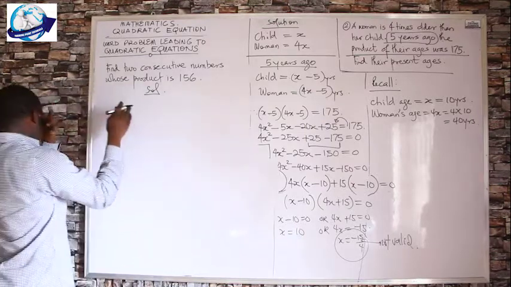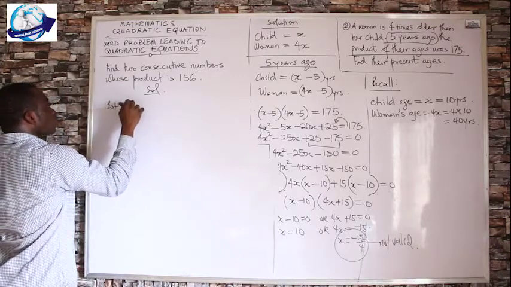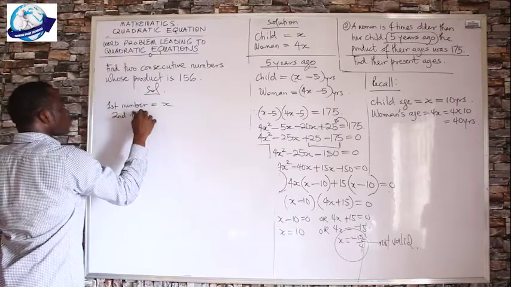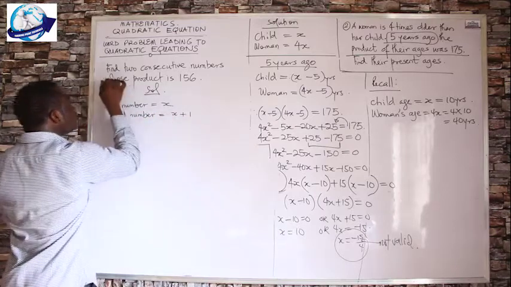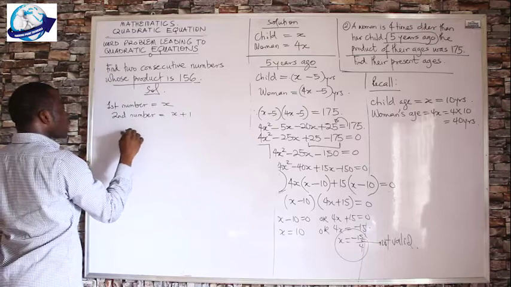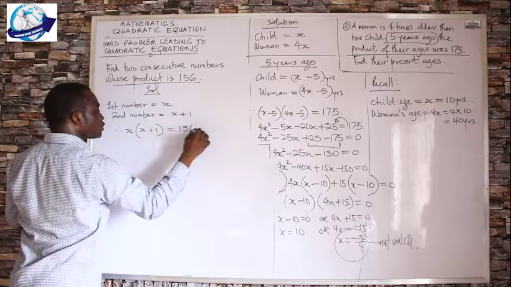This means the first number should be x, the second number, of course, should be x plus 1. And then they say whose product is this? I mean, this multiplied by this gives you this. So therefore, x multiplied by x plus 1 is equal to 156.